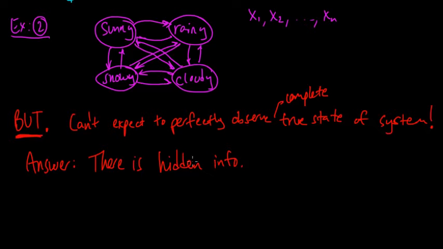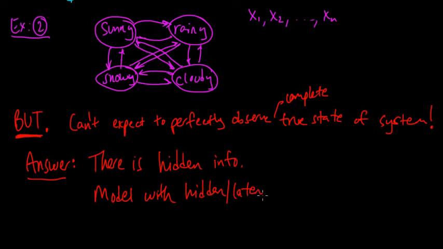So you might say that there's a hidden state that you're not observing. Under this approach, we can model that hidden information with hidden variables or latent variables. And this is the approach taken in the hidden Markov model, and that's what we're going to look at next.